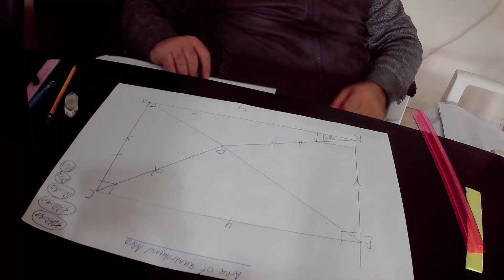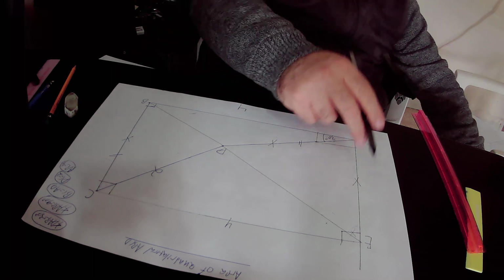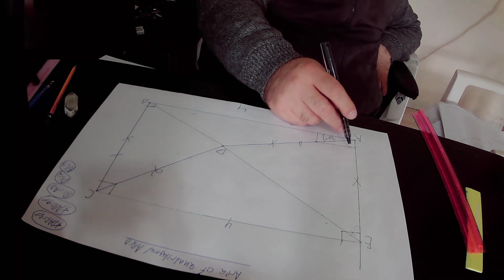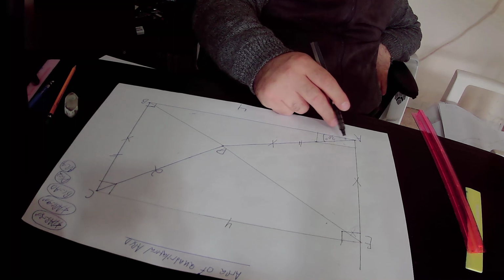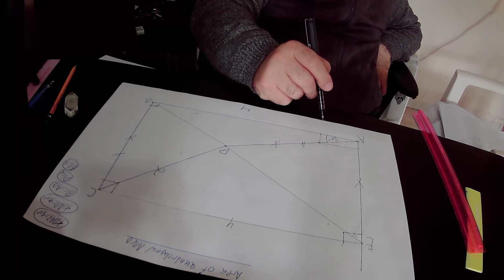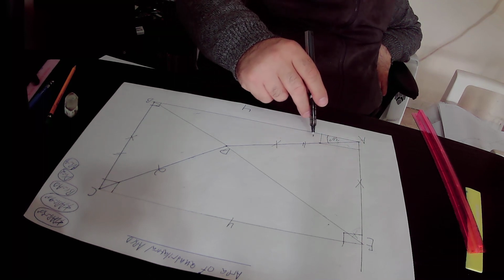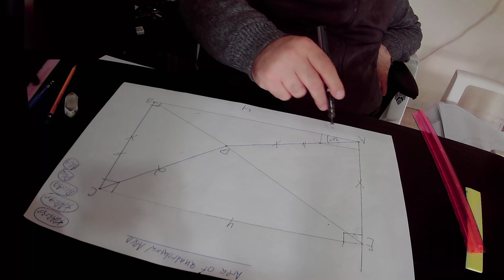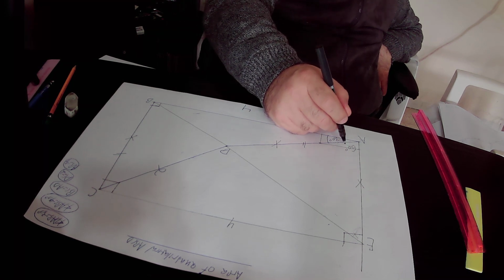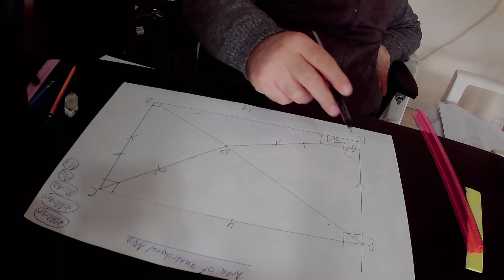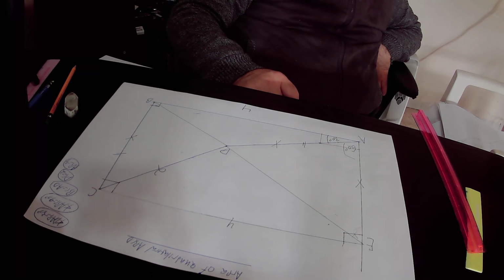What is the value of angle DAE? The value of this angle equals 90 degrees minus 30 degrees. Again, 90 degrees, that is this angle, minus 30 degrees, that is this angle, equals this angle, that is actually 60 degrees. So we found out that angle DAE equals 60 degrees.